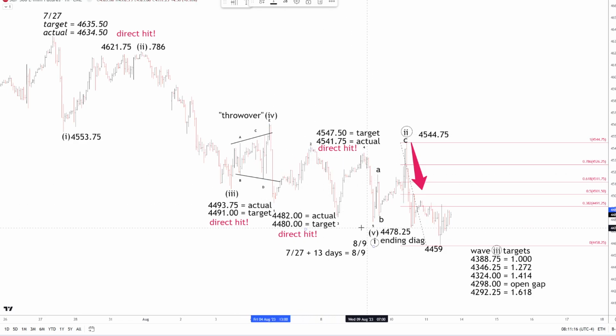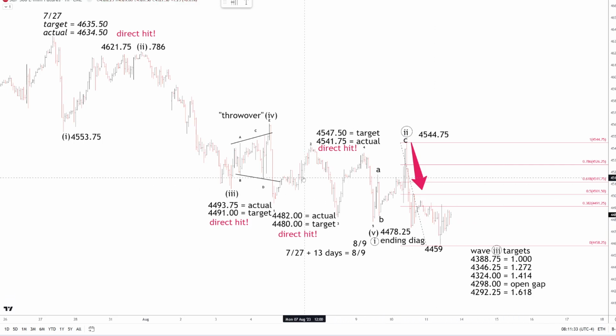See all that overlap? That was an ending diagonal triangle for wave 5 with the parentheses around it, and the larger wave 1 with a circle around it. Okay, see if we can get that up there. There we go. And then we had an ABC correction for wave 2, and then we started down.